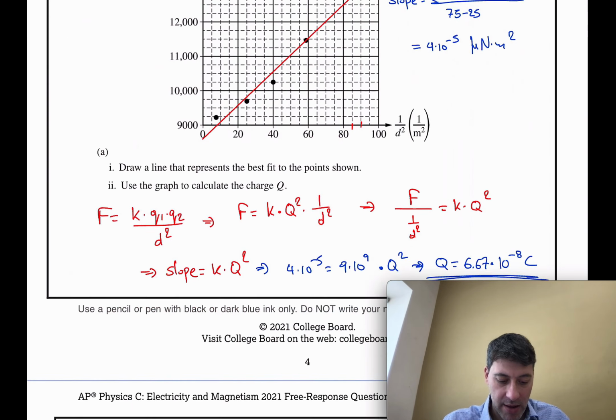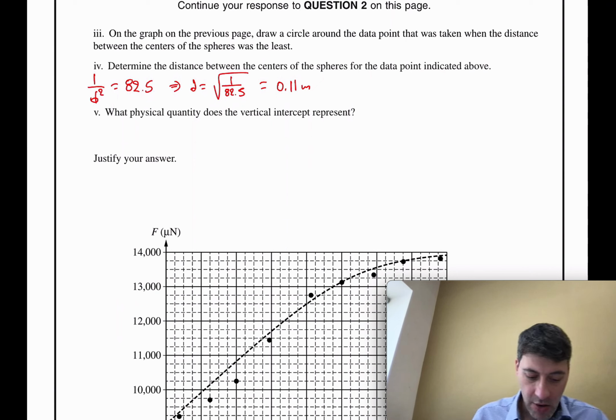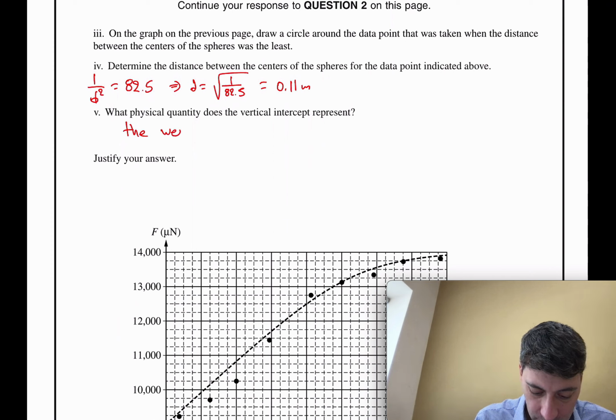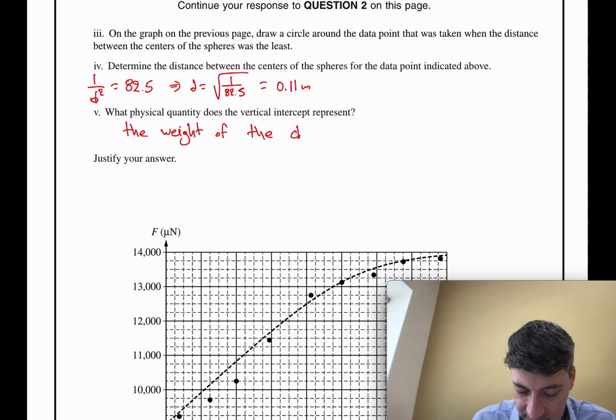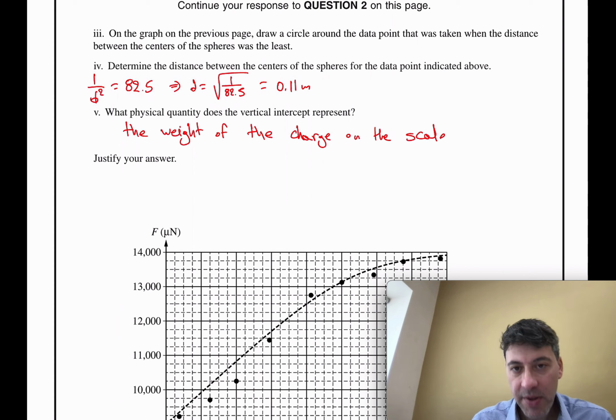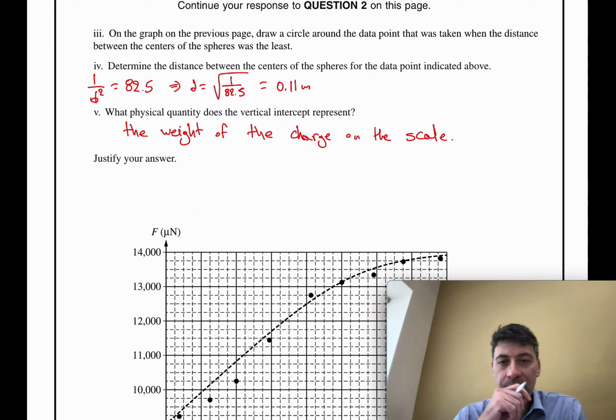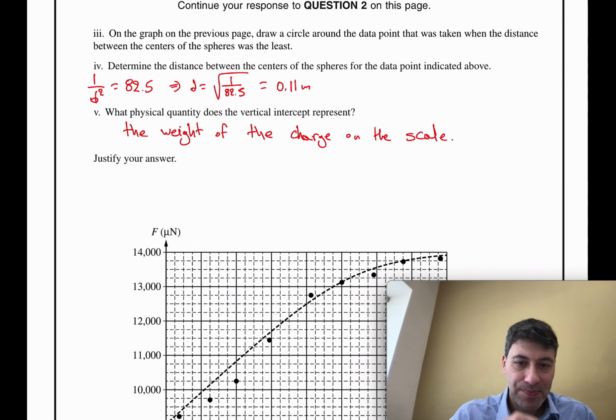So the vertical intercept will show the weight of the charge on the scale, because this is already on the scale with or without an electrostatic force from the upper charge. So even without an electrostatic force, there is a force of gravity. So this is the justification.